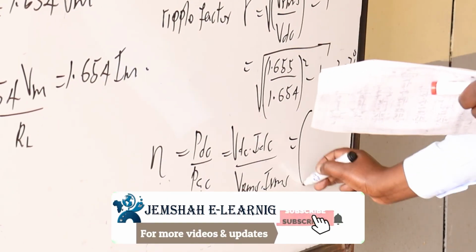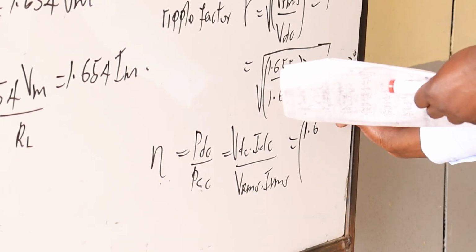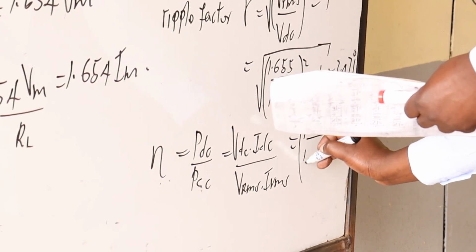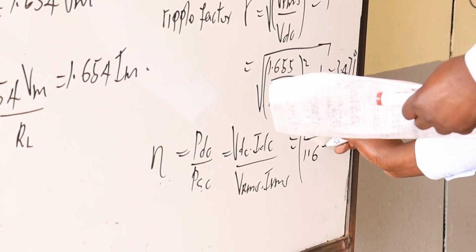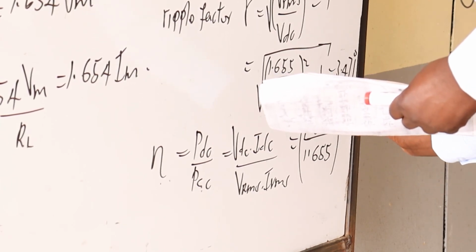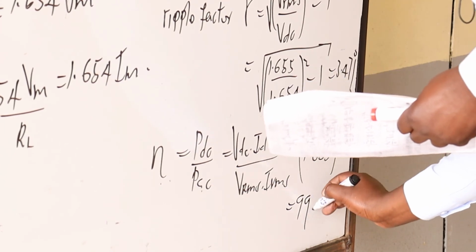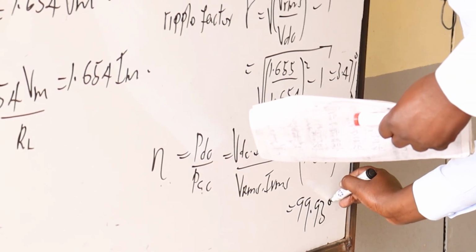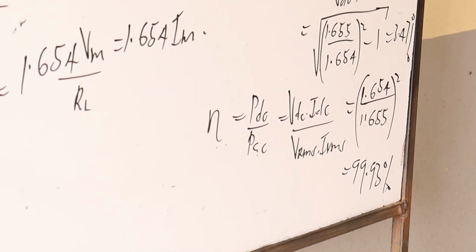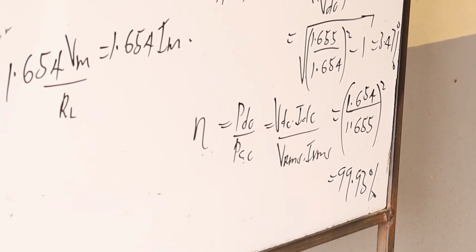So this will be 1.654 all over 1.655 squared. This gives you 99.93%. So you can see the more the phases, the better the efficiency of the rectifier here.